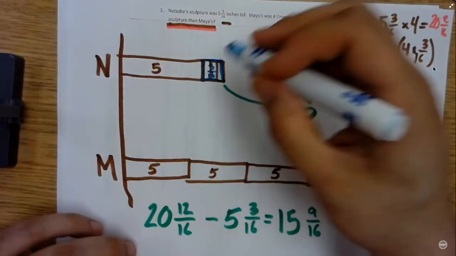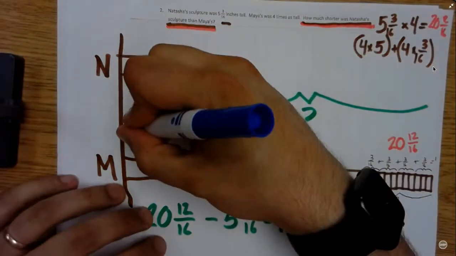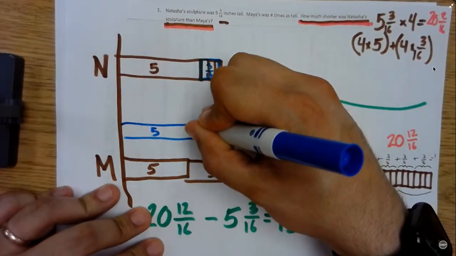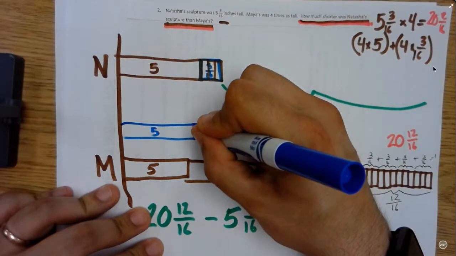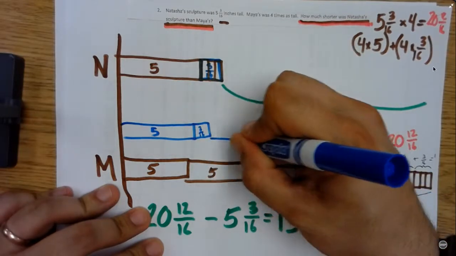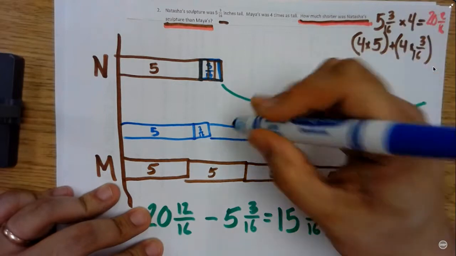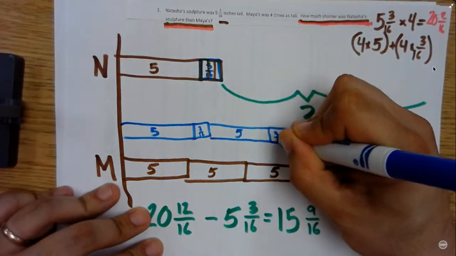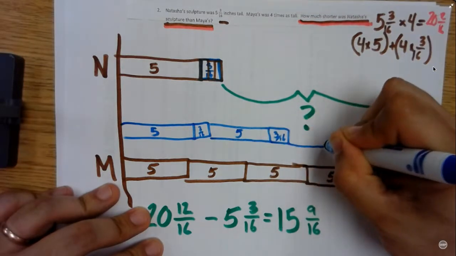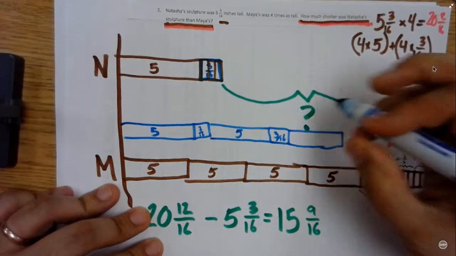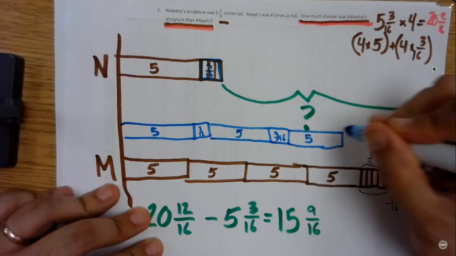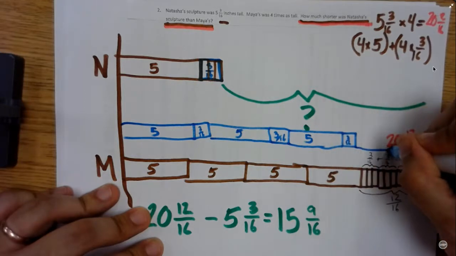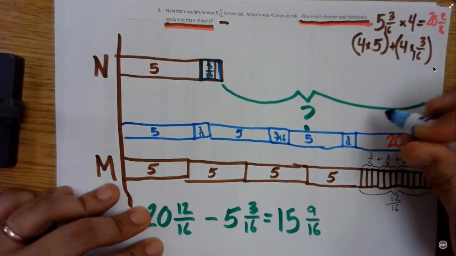I could have made Maya's the way that I did before: here's my 5 and my 3 sixteenths, another 5 and 3 sixteenths, another 5. I'm going to try not to run into my own writing. I don't think I'll be successful though. And 3 sixteenths. And lastly, oops, I'm writing over my own work here.